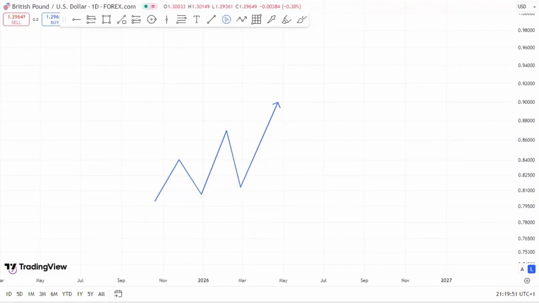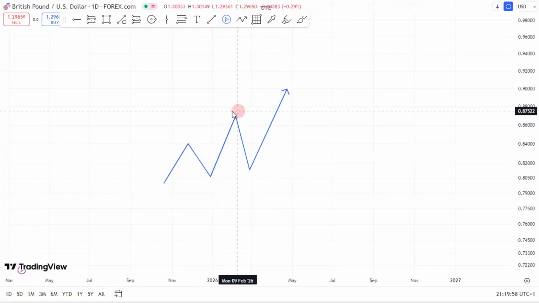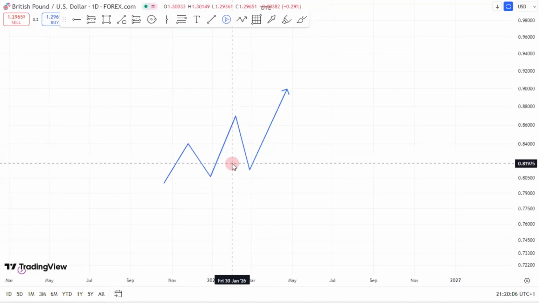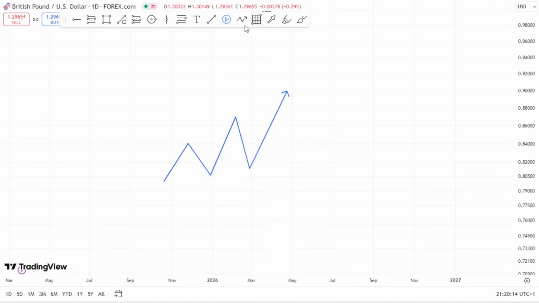Basically, OTE is a strategy that uses the range, as I told you. And how are we going to use it? There are certain tools we are going to be using, because with this range we have to know how we're going to enter and we have to be very precise in our entry. So I'm going to give you a tool called the Fibonacci retracement tool. What the Fibonacci retracement tool does is measure the trading range between here and here.